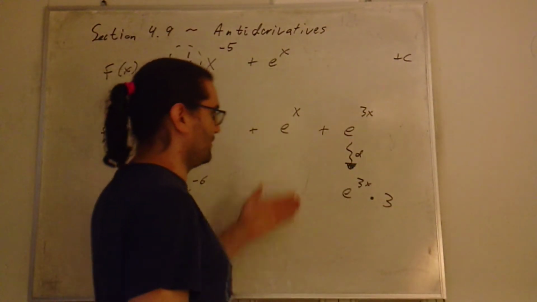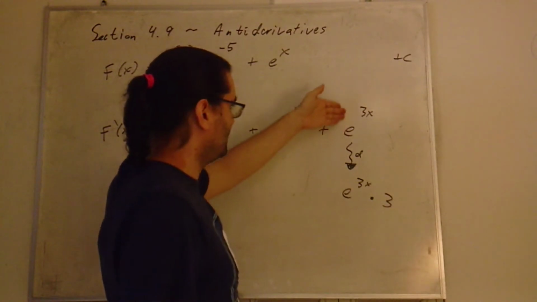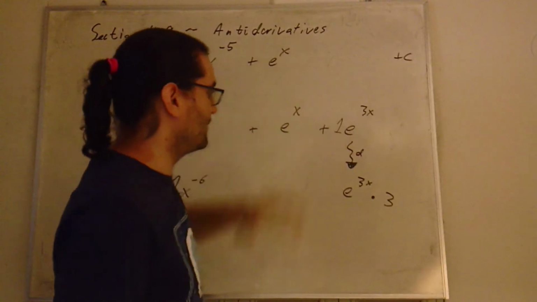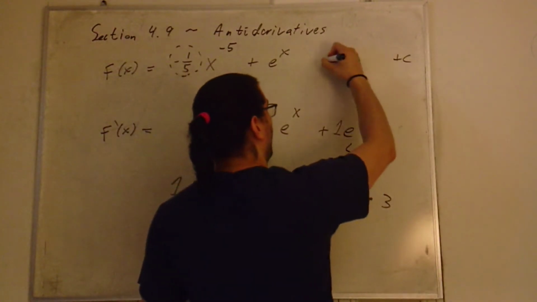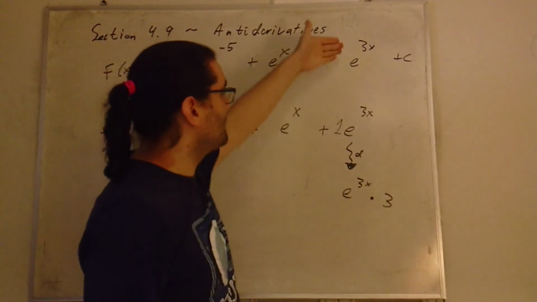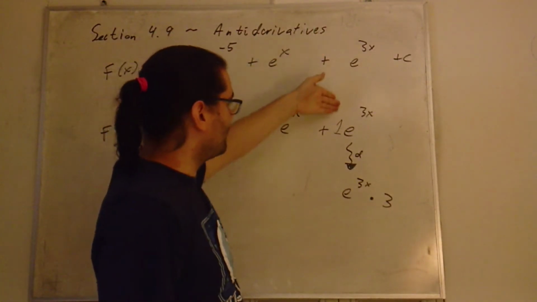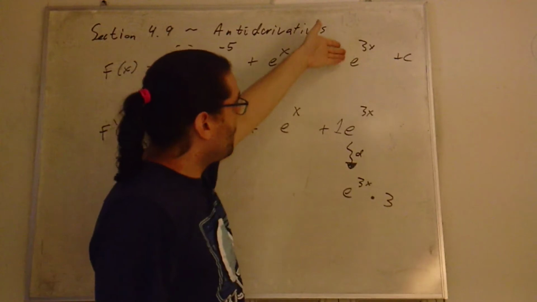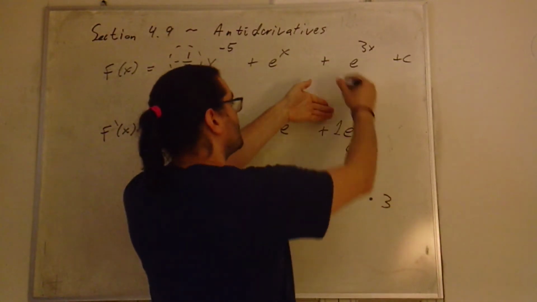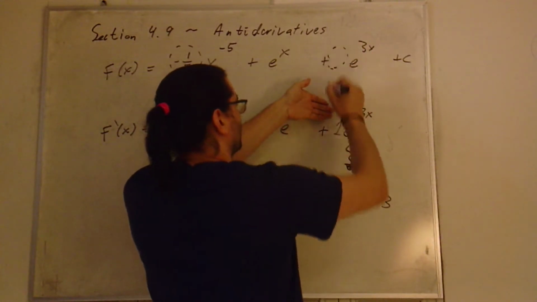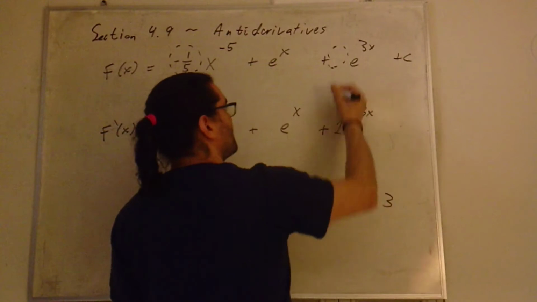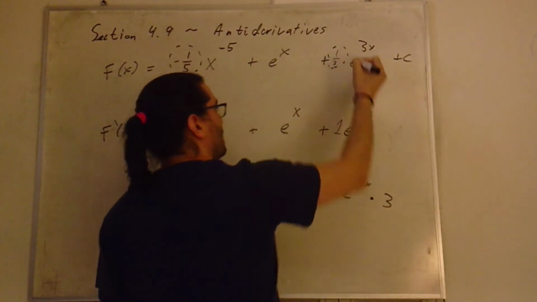The antiderivative of e to the 3x has to also include that e to the 3x piece. There needs to be an e to the 3x so that when we take a derivative we get e to the 3x. But when we take that derivative we're going to multiply by 3. So we need to find a coefficient that can multiply by 3 to get 1. And that coefficient needs to be 1/3.